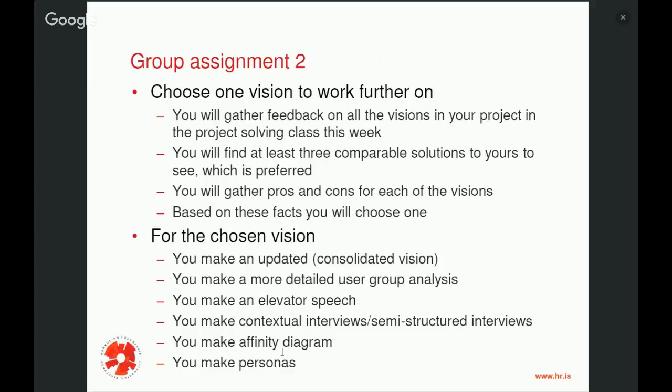You also need to, so there you have the group's evaluation, because you as a group maybe have one favorite vision, but tomorrow you will introduce all the visions to the students and they will give you feedback.